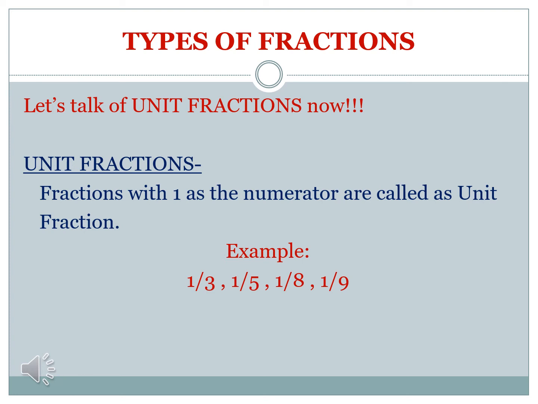It also represents the dividing line. Sometimes in question papers or in Olympiads, we see fractions written in this form. So don't get confused. These are the fractions that are given: 1 by 3, 1 by 5, 1 by 8 and 1 by 9.